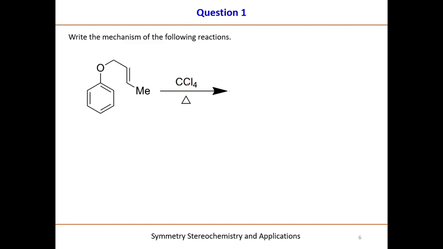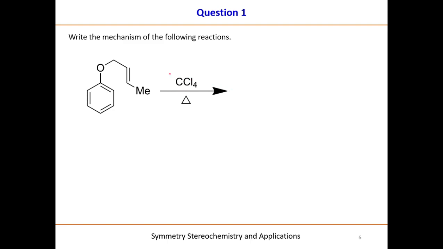In the presence of the inert solvent, this reaction involves the migration of the allyl group from the ether oxygen atom to the ring carbon at the ortho or at the para position through a concerted reaction mechanism. So we will discuss here how the mechanism goes.